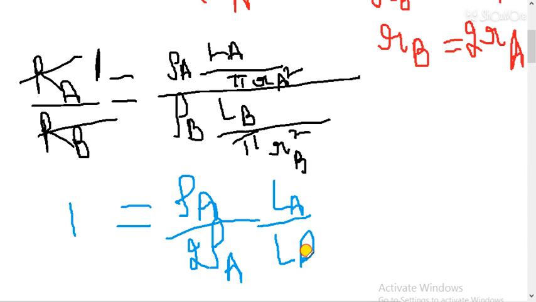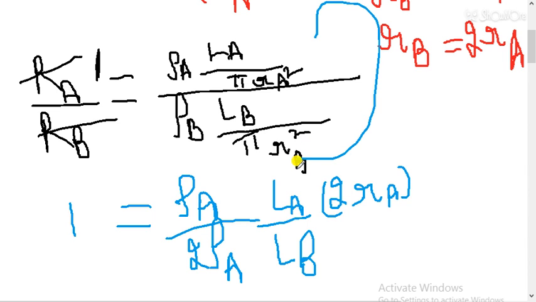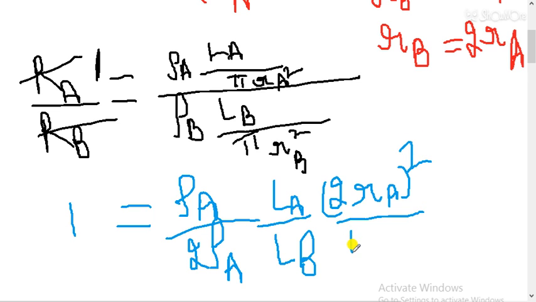Pi will also cancel out, so I am left with RB square. Can I write RB square as 2 RA square? I am putting the value of RB here, because RB goes in the numerator, so 2 RA square by RA square.